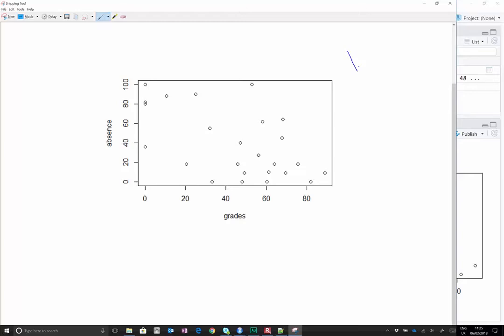Okay, we can use my cardboard sleeve here as a ruler if you want. Or you can draw free-handed if you want. But we'll try to draw a line. Draw a line that is as close to all the dots as possible. A line that represents the link between grades and absence.